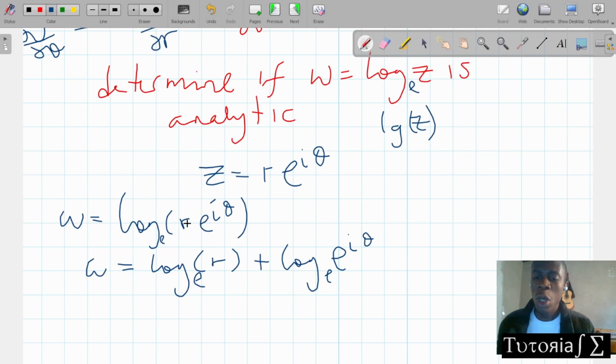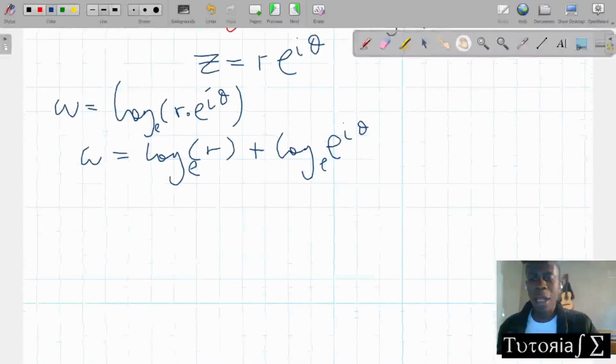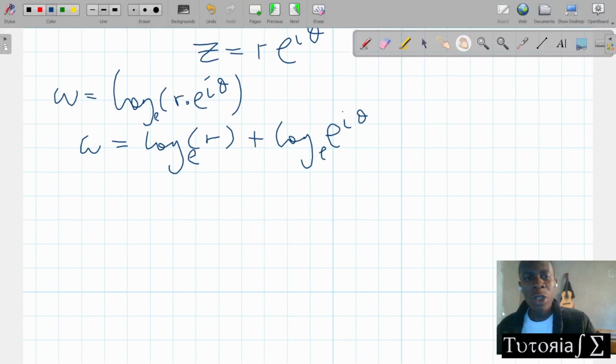So among the log properties is that when we have a product inside a log, we can separate the product by this identity. So it will be log R plus log e to the I theta. Okay, and we know that this is in base E despite not showing us. So meaning that here we can drop the power according to logarithmic properties.